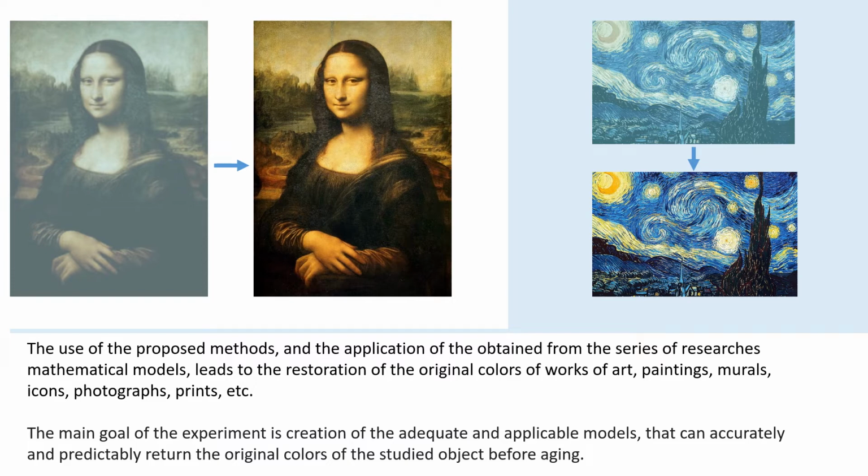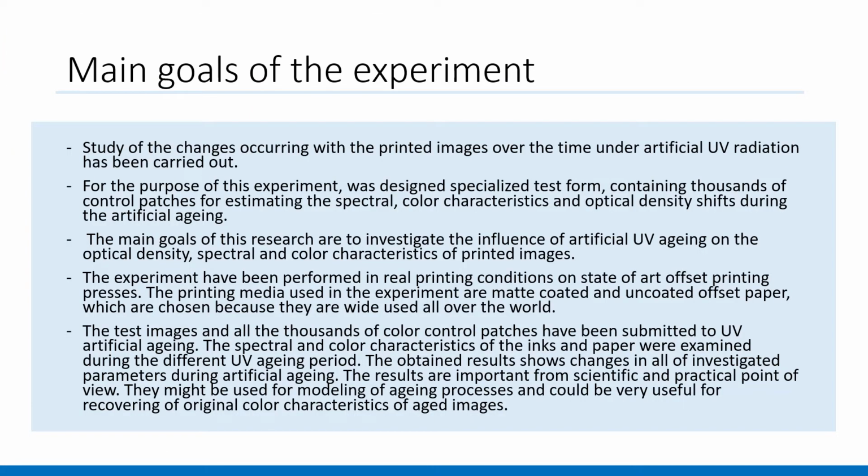The main goal of the experiment is creation of an adequate model that can very precisely return the original colors of the studied object before aging. Now you can see the detailed plan of the goals of the experiment on your screen.